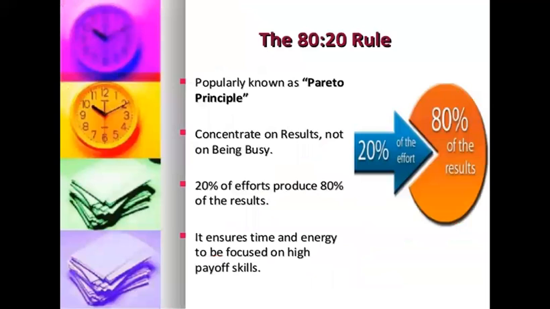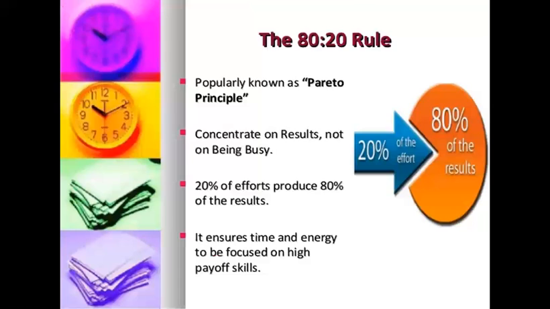So the 80-20 rule was first popularized by Vilfredo Pareto. Who was he? He was an Italian economist, and he discovered this 80-20 principle. This 80-20 rule states that the relationship between input and output is rarely balanced.